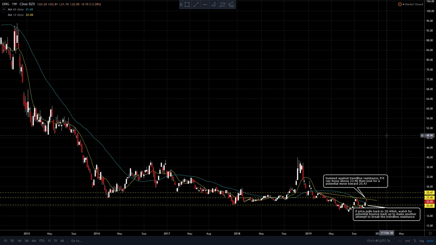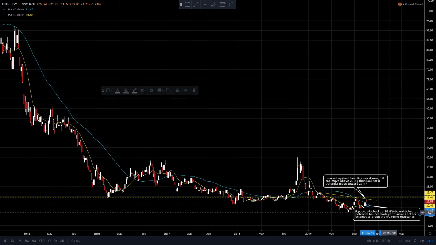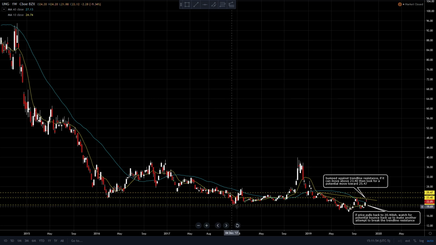Now, for those that are trading natural gas, here's an ETF, the natural gas ETF, UNG. Basically looking at this trend line here and also this base, this pivot here. Got a nice base, pullback after the initial breakout, and right now it's breaking out again and bumping up against this trend line here.